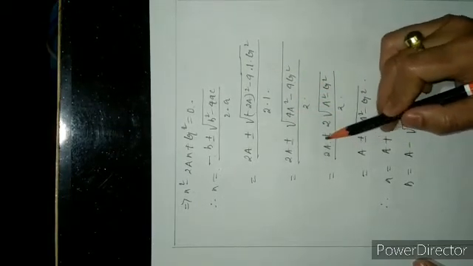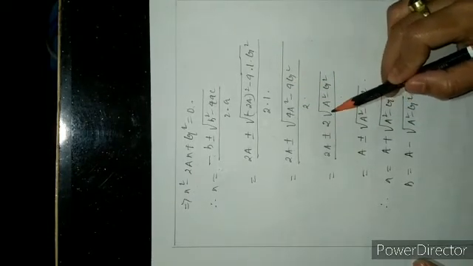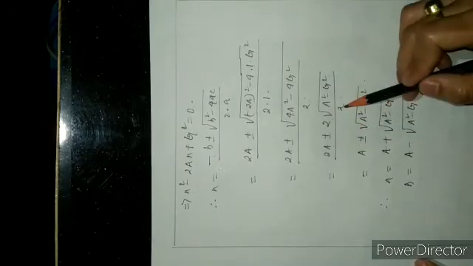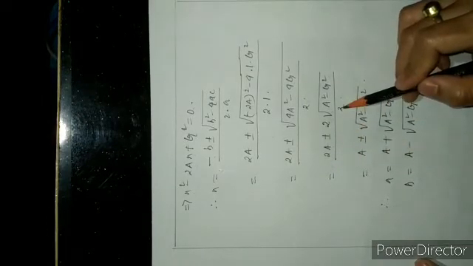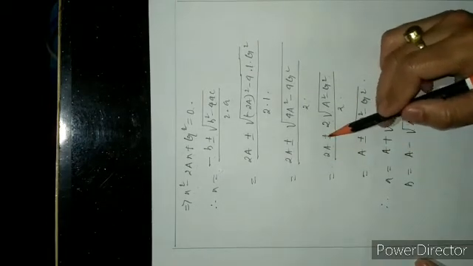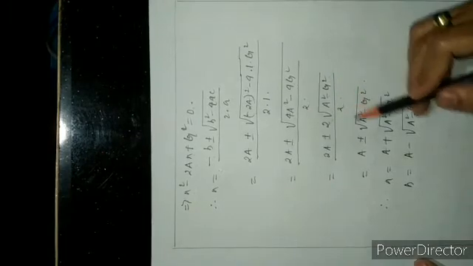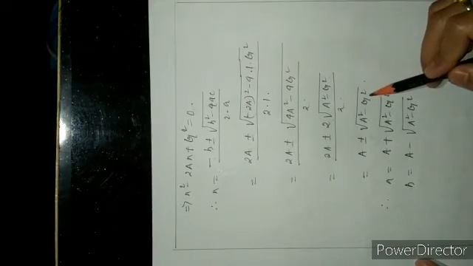Taking 4 common and its square root, 2 comes out: root over A square minus Z square divided by 2. 2 cancels, taking 2 common, 2A plus minus 2 root over A square minus Z square divided by 2 gives A plus minus root over A square minus Z square.